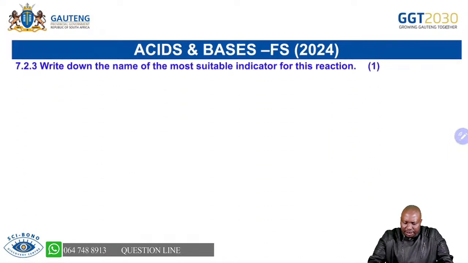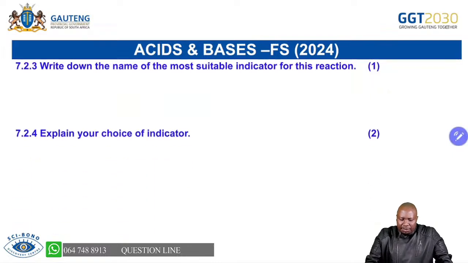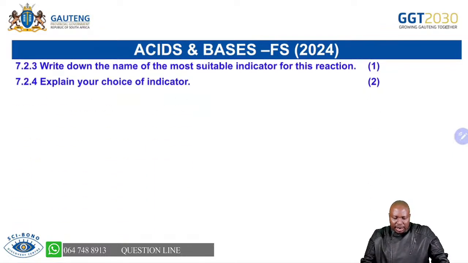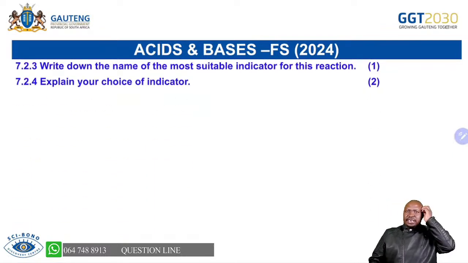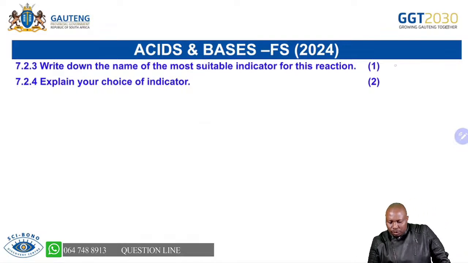Now we continue with the question, but immediately when I come to these questions, I would like you not to forget in your mind what we were given in the previous page. Remember, we were given the volume of the base, which is ammonia. We're given there 25 cubic centimeters. We're given the volume.